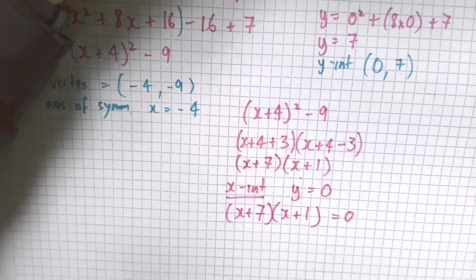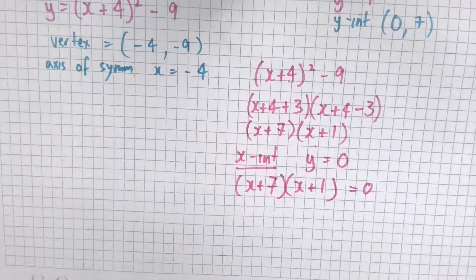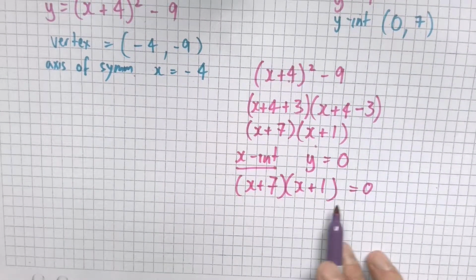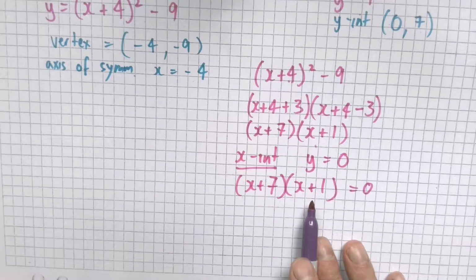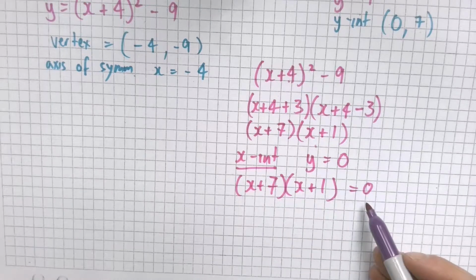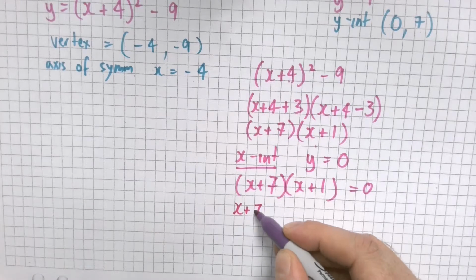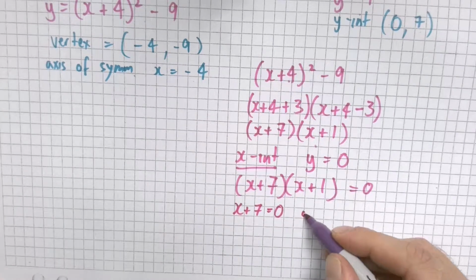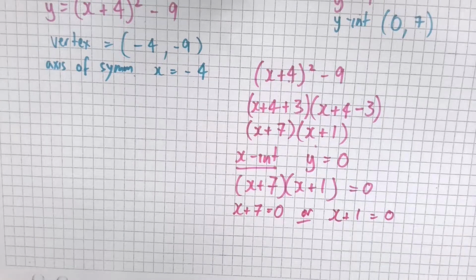The null factor law tells us that if two terms multiplied together equal 0, then either this term is equal to 0 or this term is equal to 0. So in this case, if (x plus 7) times (x plus 1) is equal to 0, then x plus 7 must be equal to 0, or x plus 1 must be equal to 0.